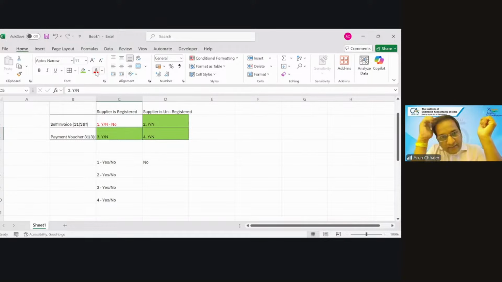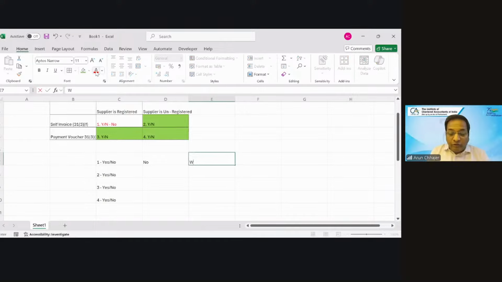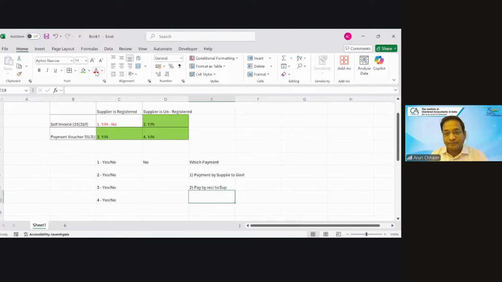It means I can say the payment voucher would always be applicable whether the supplier is registered or not registered. Here, which payment is being considered? Option 1, payment by supplier to government, or option 2, payment by recipient to supplier.